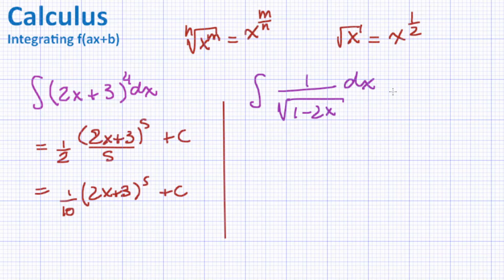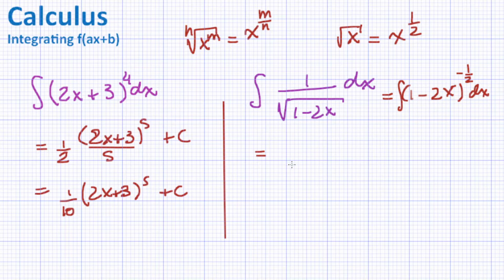So if we write this as the integral of (1 minus 2x) to the power of negative a half, because it's underneath, we should be able to work it out. Let me just fix this. There we go. So this should be equal to, and then again, we can just work like we did before. This is an exponent. It's going to drop, right? And in this case, since it's an integral, it's going to increase by 1. So this is our exponent, and this is our a, negative 2.